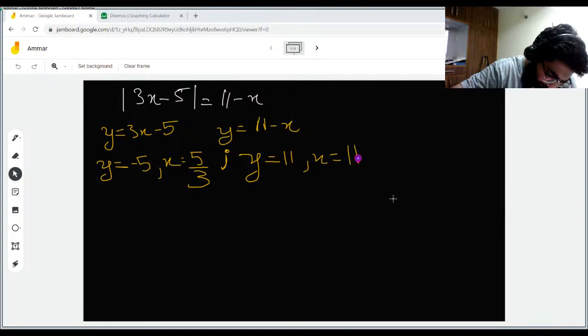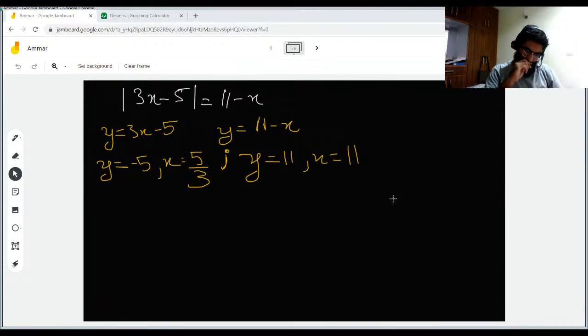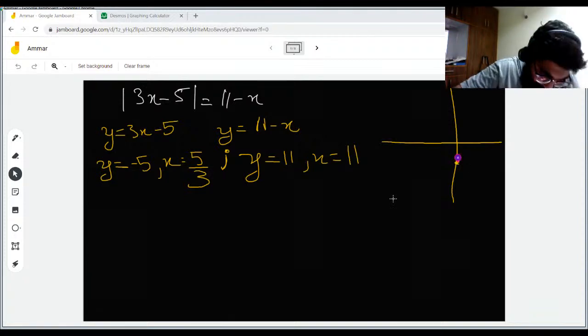Okay, so we draw a graph, and in that graph we plot the points. So minus 5 by 3 becomes positive 5 by 3 because it's the reflected one.